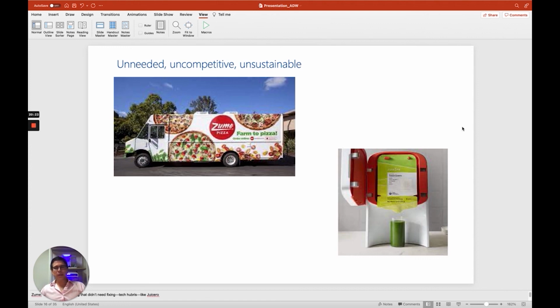The idea was to eventually have the truck, the self-driving, and the pizzas would be made en route to the customer, to the delivery point. An abysmal failure. And the Juicero, which was an app-enabled juicer. Tech hubris, nothing more than tech hubris.